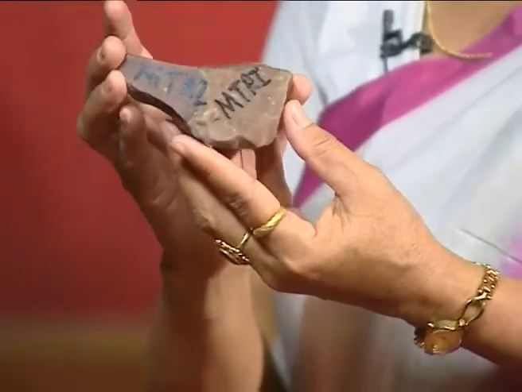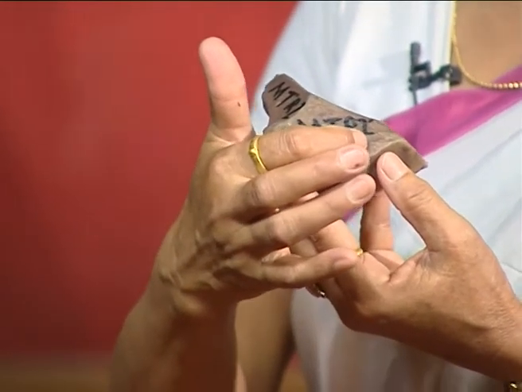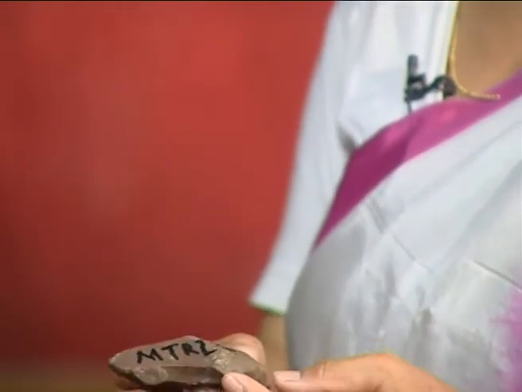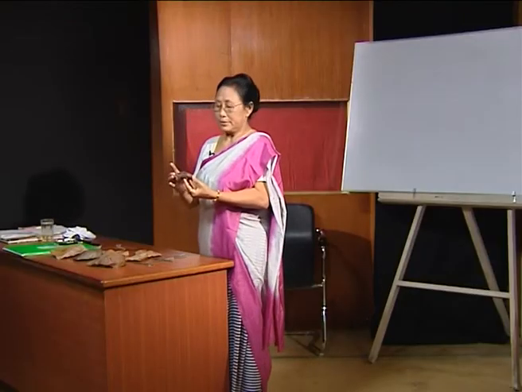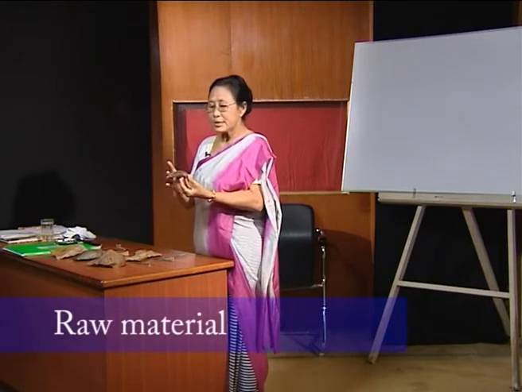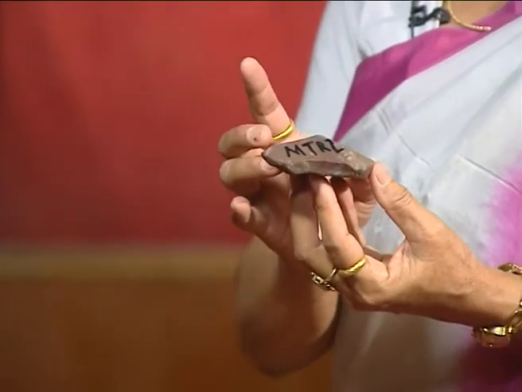Here the borer is given, MTR1. The museum number or excavation number is MTR1. About the raw material, the given specimen is prepared by using quartzite raw material.